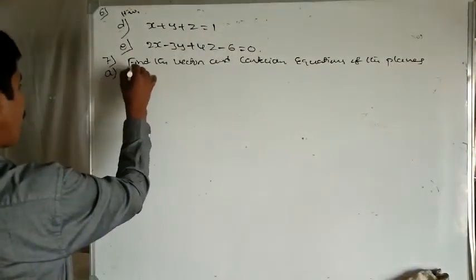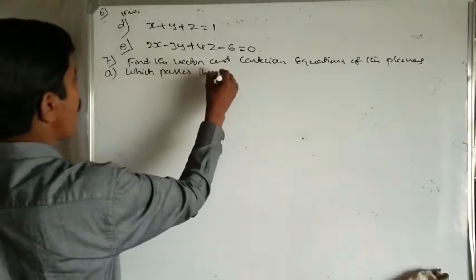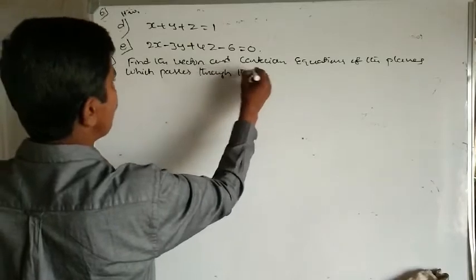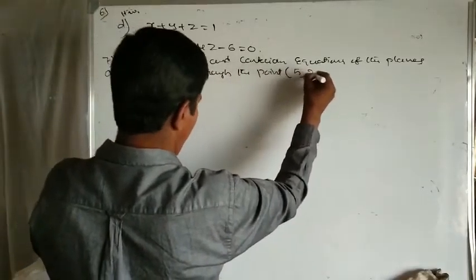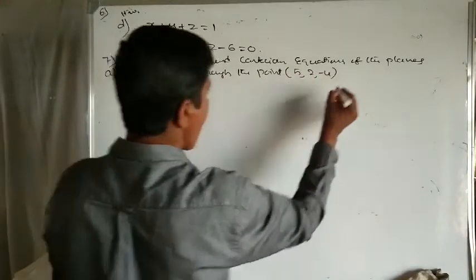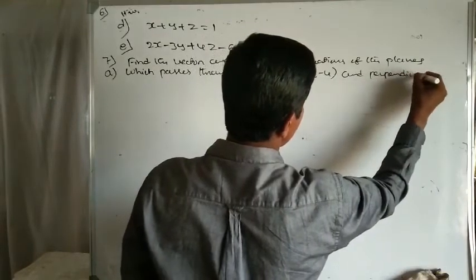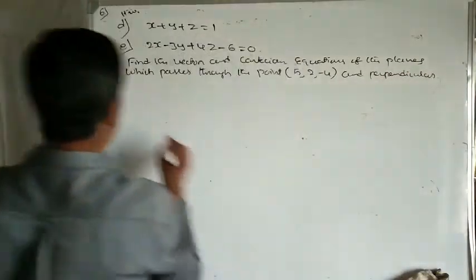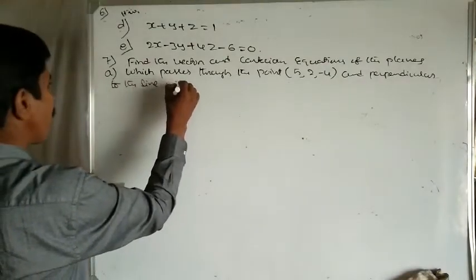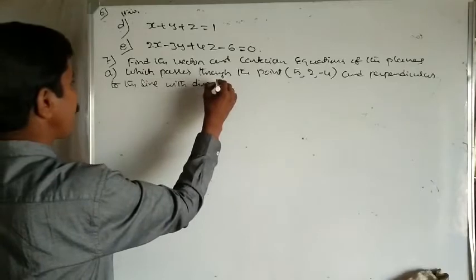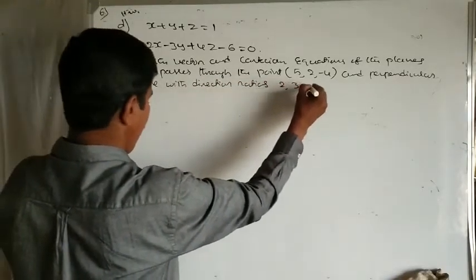Subproblem A, which passes through the point 5 comma 2 comma minus 4 and is perpendicular to the line with direction ratios 2, 3, minus 1.